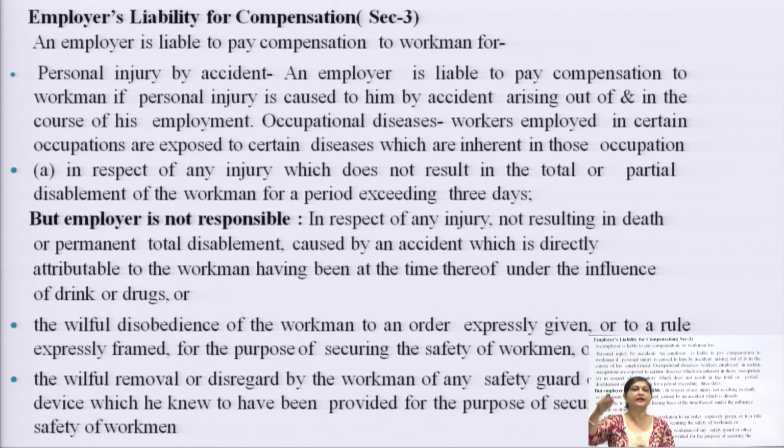This is what I was telling you: whatever accident occurred, it occurred arising out of the terms of employment and in the course of his employment. If any accident occurs outside the organization where he is working, while he is doing something related to his personal life, then the employer is not liable for any compensation.